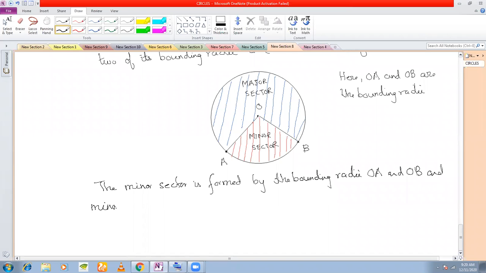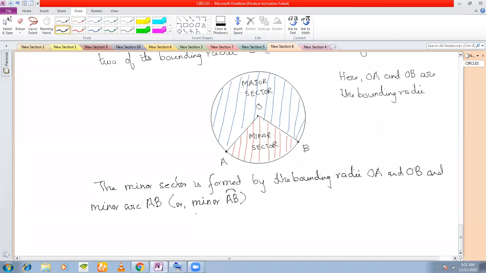How do you write arc AB? I forgot to mention. You can write minor arc AB this way, or you can simply give a sign on top.